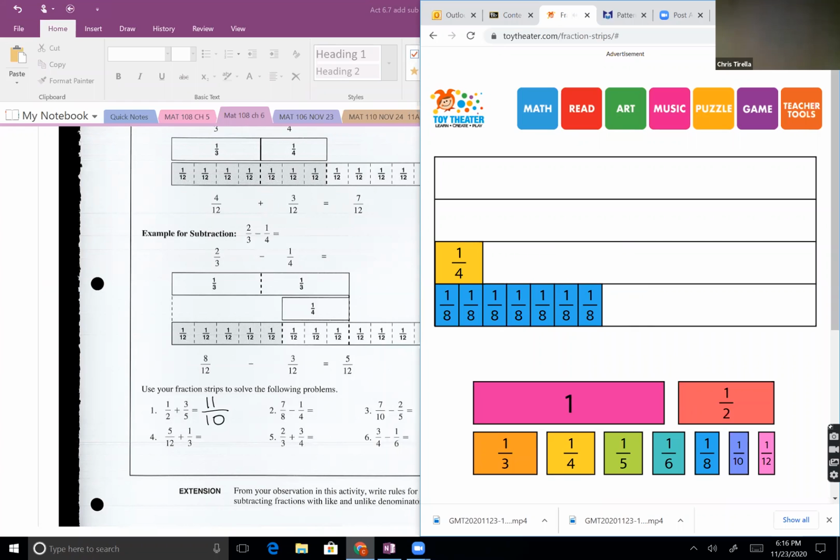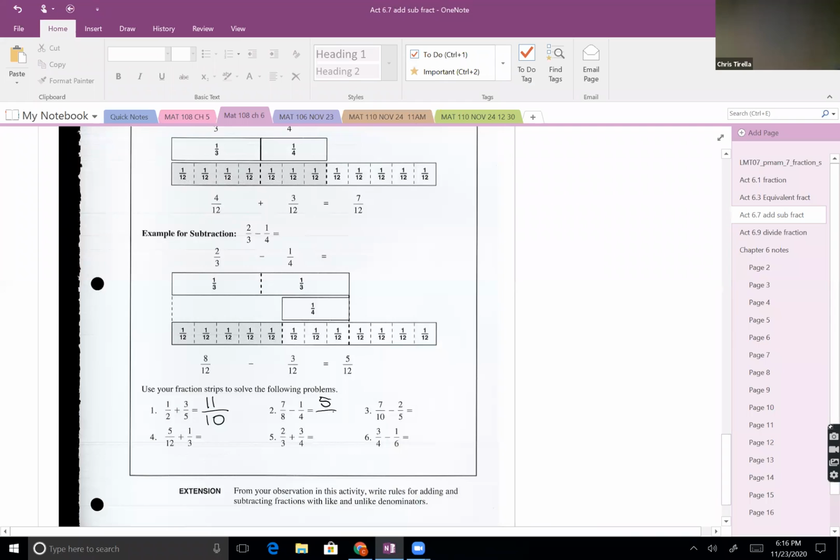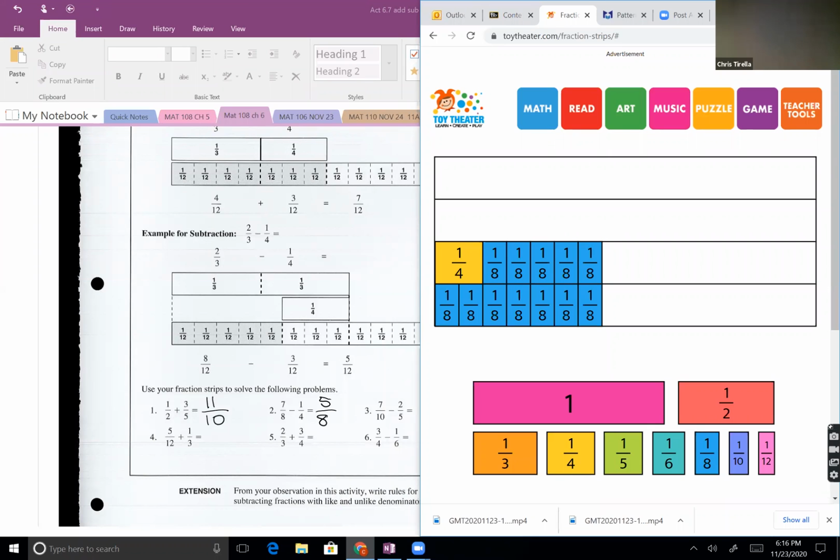And so over here, in order to figure what I would need to complete that, 7/8 plus, well, I think we'd have to fill that in with 5/8 to get that same length. And so that answer would be 5/8. And again, just another hands-on way of looking at that idea of adding and subtracting fractions.